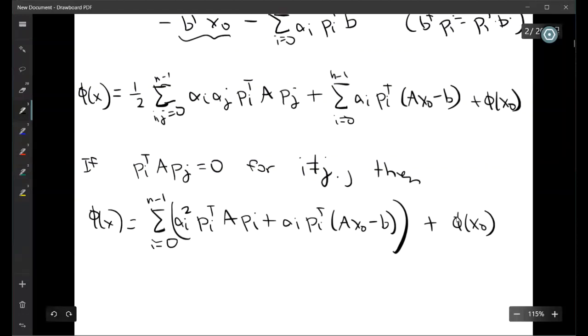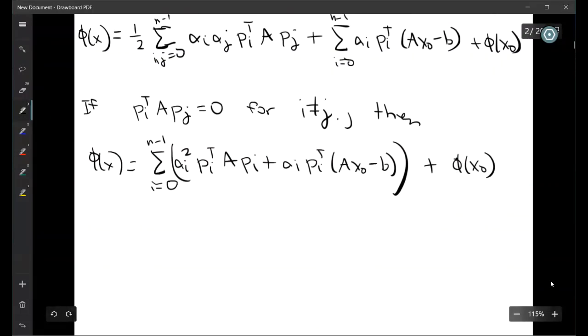Of course, you will get 1/2 here because each value when i is equal to j occurs twice, so you will have twice times this one, and then you will cancel here 1/2.